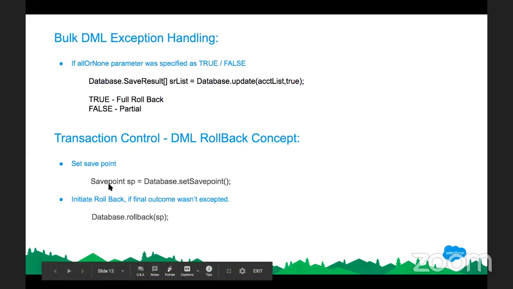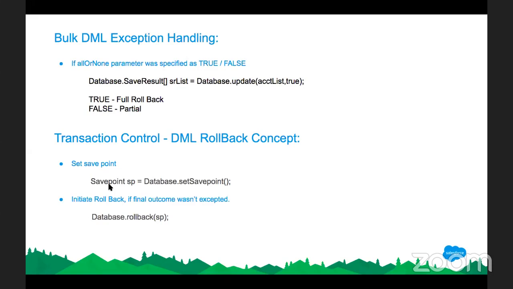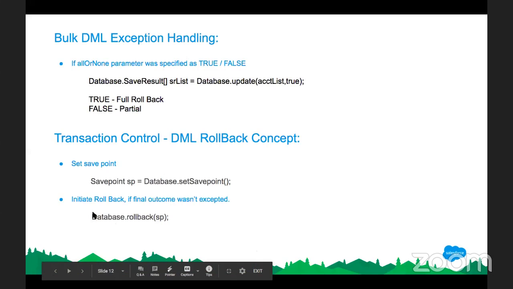In your Apex code, you can mention the savepoint somewhere, and then do your logic, whatever you want, like DML and SOQL, everything. Finally, if you are not receiving the expected value, just initiate a rollback through this method.